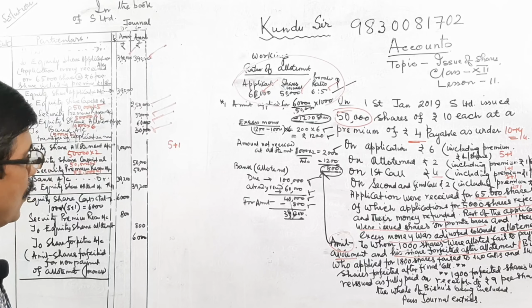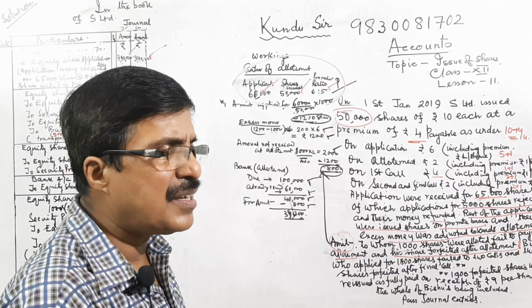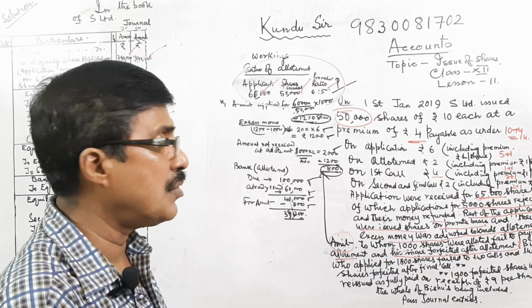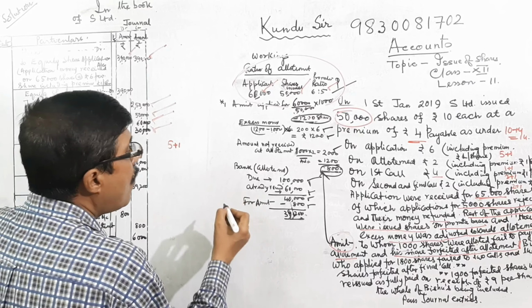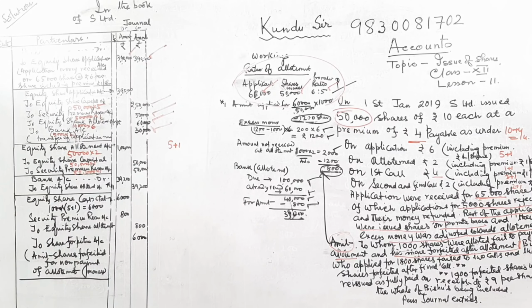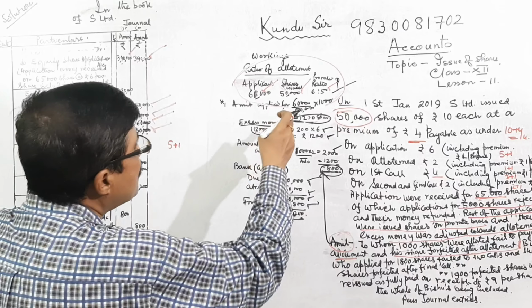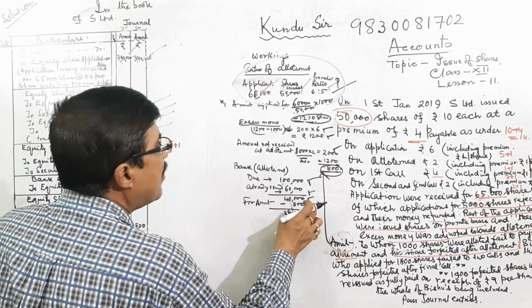Then, if we have received security premium reserve, a reverse entry is normally not allowed. But here it is to be done, because the security premium amount we are not receiving. We are assuming that our security premium of rupees 800 was not received, because we took security premium reserve at the time of application for 1,000 shares, and at the time of allotment the due amount is 1000, out of which we are not receiving 800.